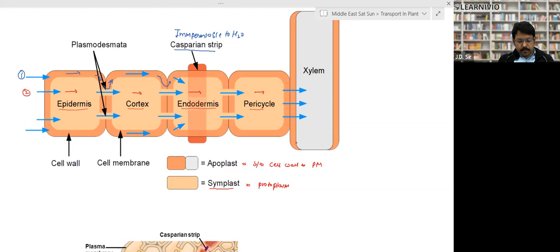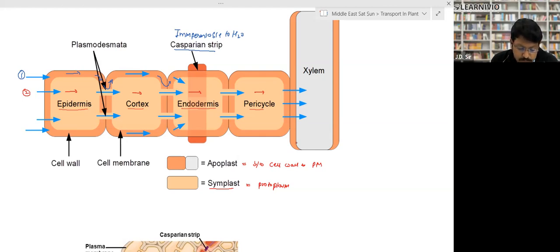Here, water passes from the root to xylem through the wall of intervening cells, without crossing any membrane or cytoplasm.